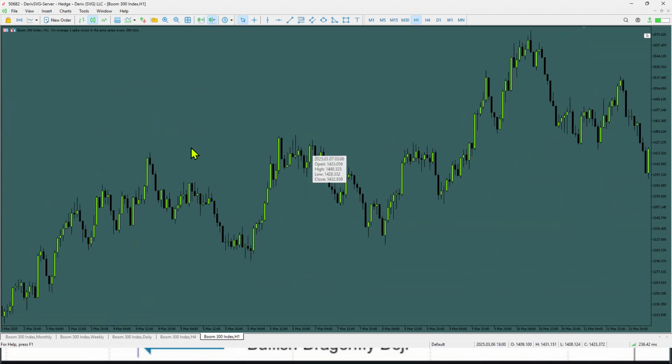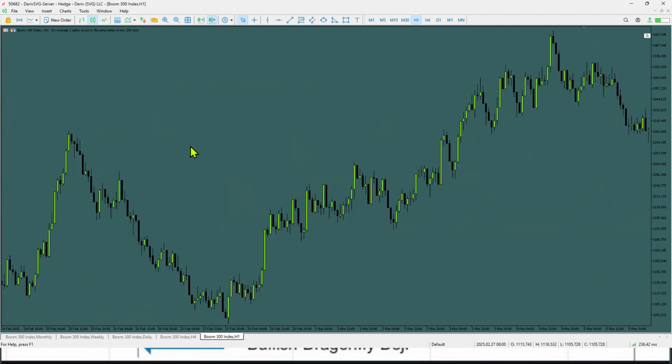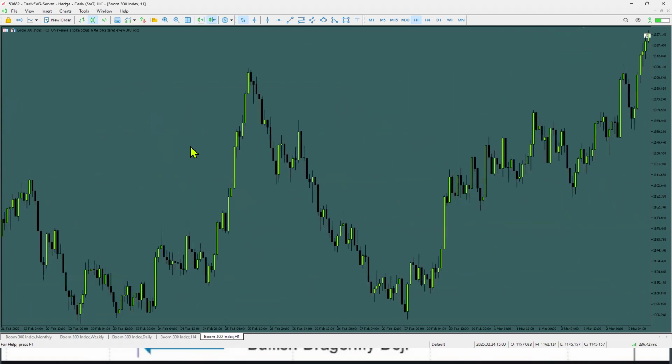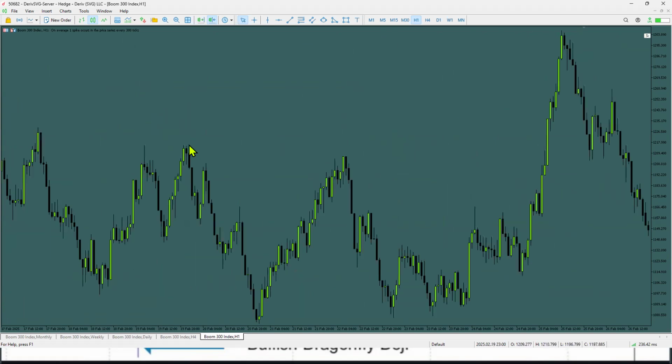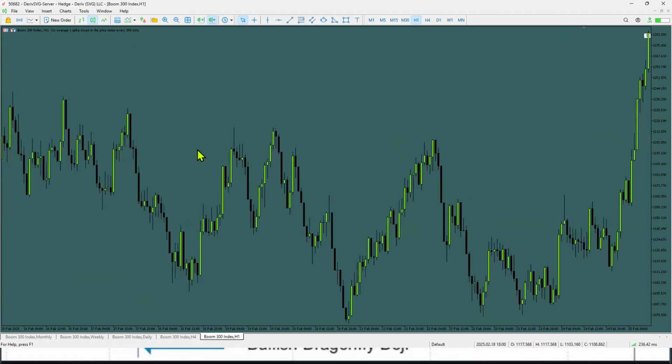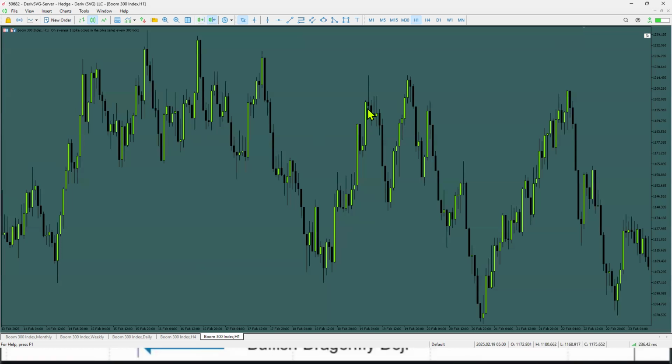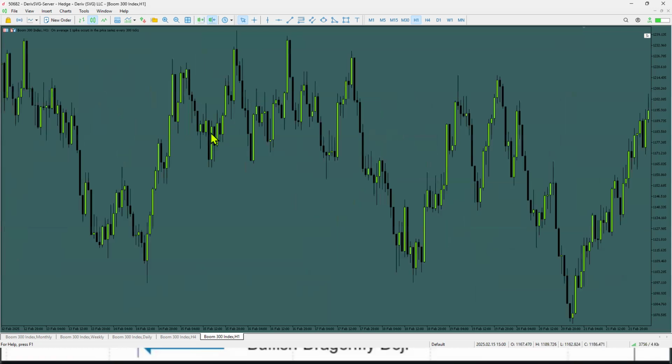I have this one here, but the wick is not long enough. Let me look for something where the wick is long enough, then I will show you why. Okay, perfect.